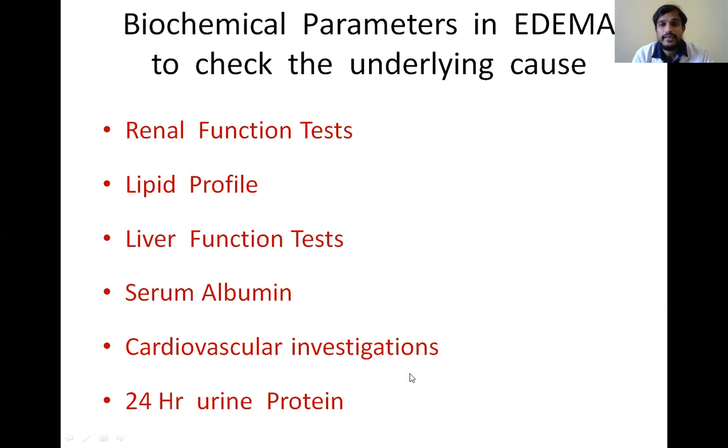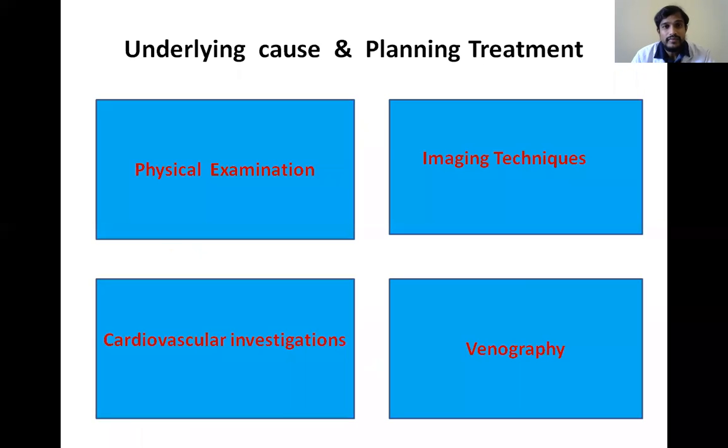So by using all these tests, we can assess the edema and check the underlying cause of the edema. By other investigations also, like imaging techniques and venography, we can check the underlying cause and plan the treatment for edema.